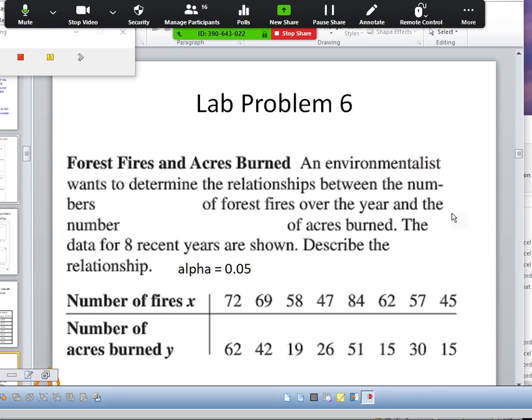So first, let's take a look at this. Yes, go ahead. There's one response to that problem. It asks about the p-value also. Oh, I'm not going to worry about the p-value for this one.